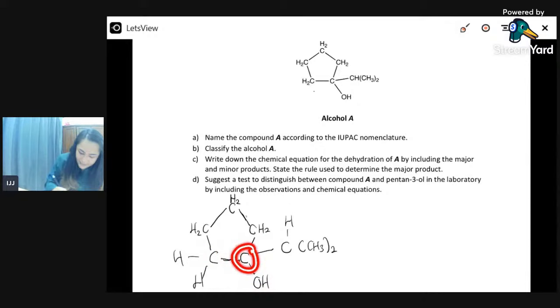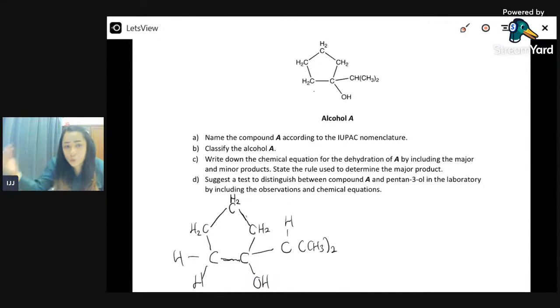So this is the carbon bonded to your OH. To remove the hydrogen, it must be a hydrogen on a carbon directly bonded to the carbon that bears the OH, either this carbon, this carbon, or this carbon. So you want to remove the OH here, and then you need to eliminate another hydrogen. From which hydrogen? The hydrogen on the carbon directly bonded to the carbon that bears the OH.